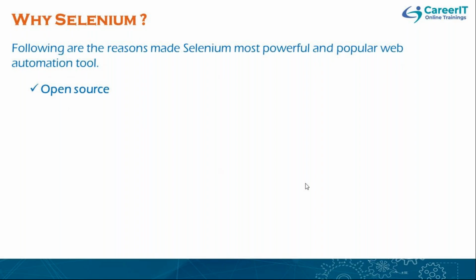That means you don't need to purchase any license or put in any cost while using the Selenium tool, guys. And you don't need to log in or create an account to download that particular library.